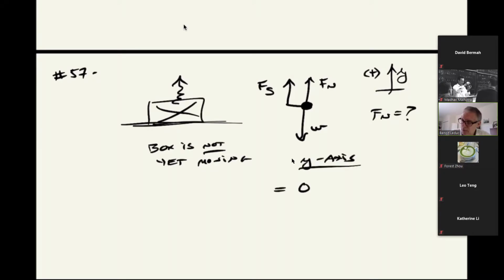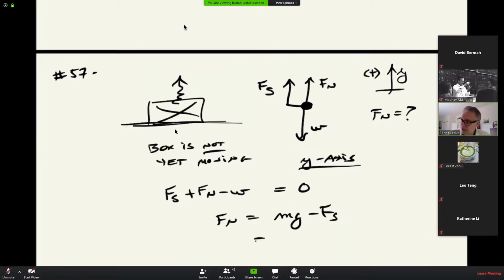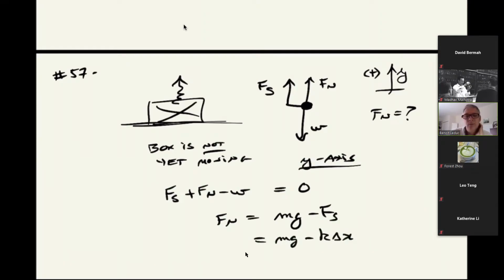And so what you have here is Fs plus the normal force minus the weight. You're looking for the normal force, so you bring this to the other side, and it becomes mg minus Fs. And then you're given all the other information: you're given delta x, which is 1.55 meters, and k as well. You just plug this in and find the normal force.